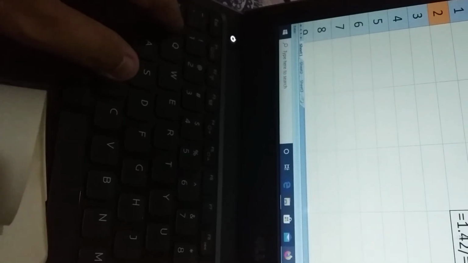So we calculate this on the Excel sheet. Equals to 1.42 divided by square root of 36.